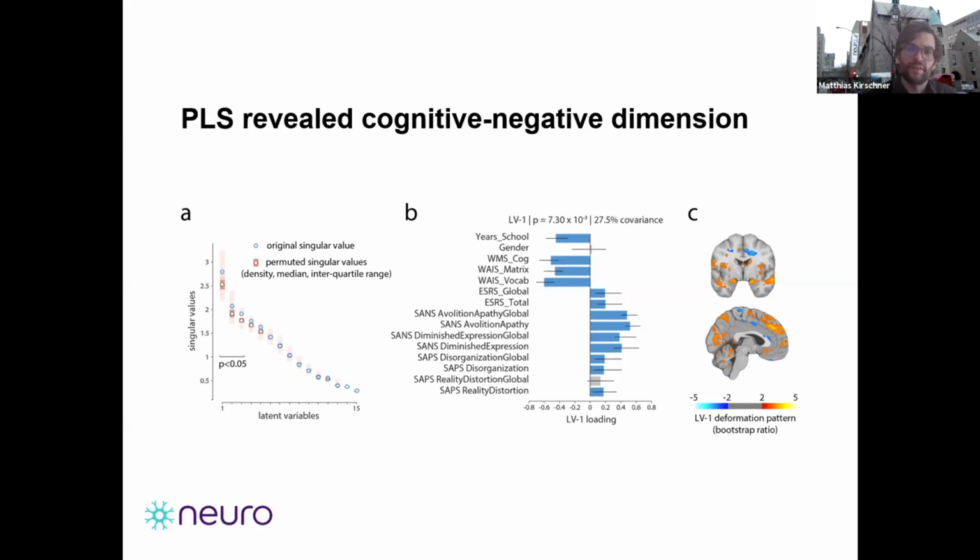You see that you have a high loading in the cognitive variables and a high loading in the negative variables, and these clinical data mapped on a distinct brain deformation pattern with frontal regions, insular, parahippocampal, hippocampal, and cerebellar regions being involved.